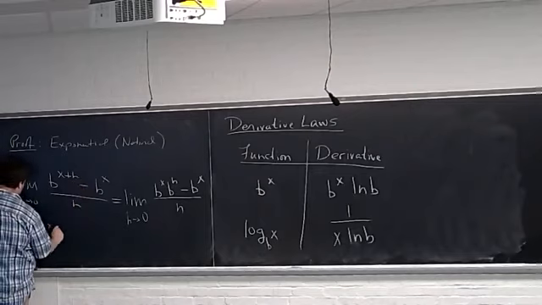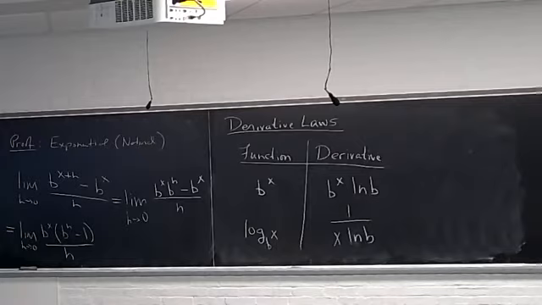One of the reasons is illustrated in that chart where the derivative is itself. But in this proof, we will see why the derivative of the natural exponential is itself. Factor out a b to the x.